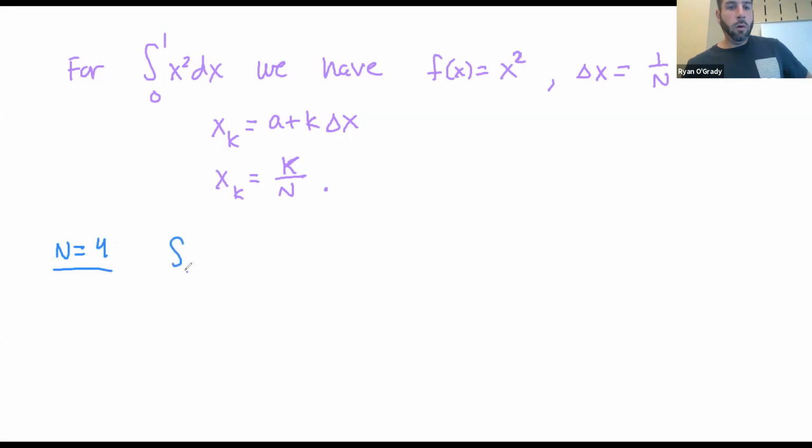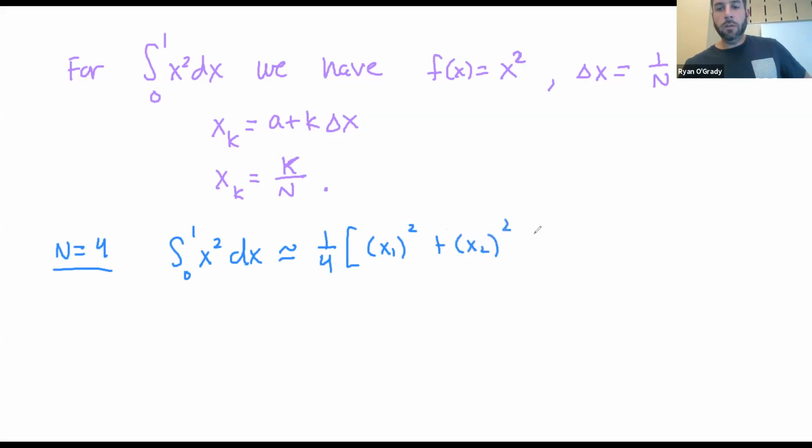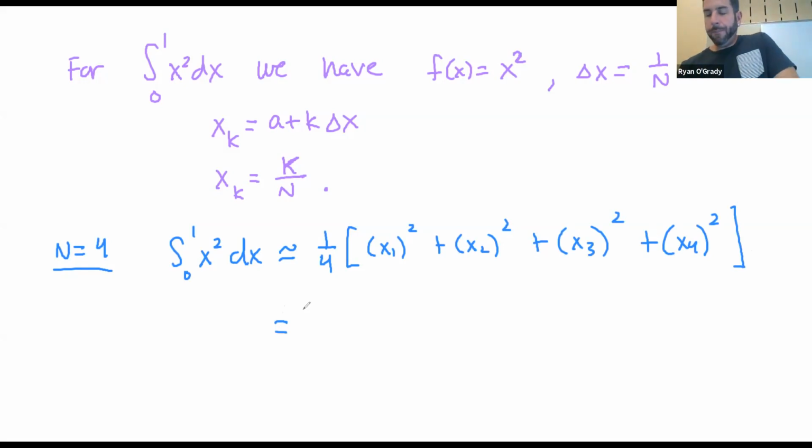When n equals 4, I know the integral from 0 to 1 of x squared dx is approximately 1/4 times, we'll write it out slowly, x sub 1 squared plus x sub 2 quantity squared plus x sub 3 quantity squared plus x sub 4 quantity squared. Now remember, there's a quick way of doing this if you recognize the pattern.